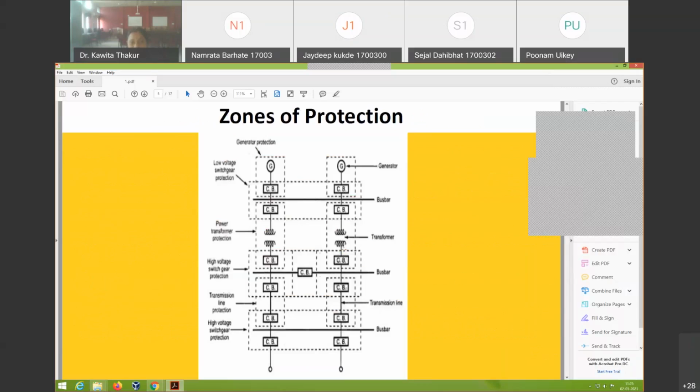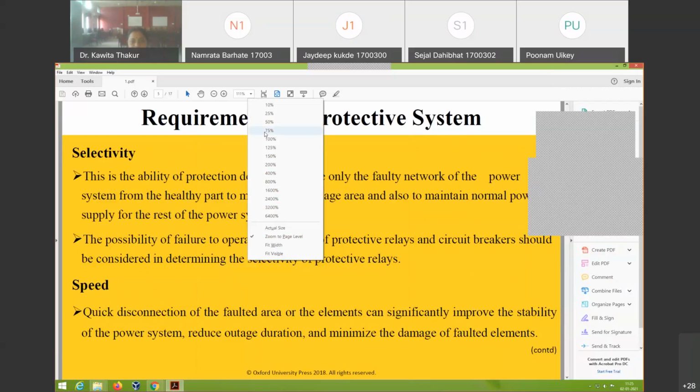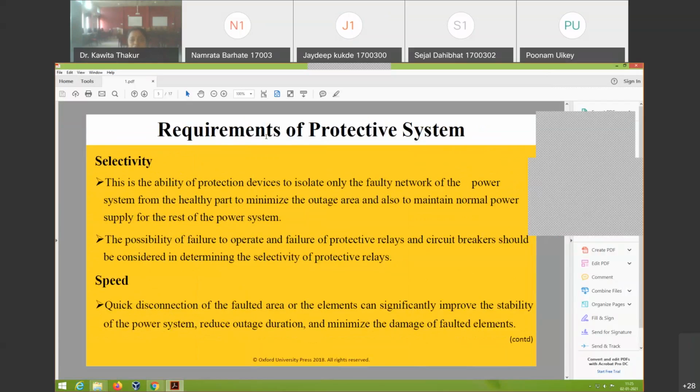Then, what is the requirement of a protection system? In this we have studied the different qualities of a relay, how the relay should operate, and the prerequisites for the protection system.